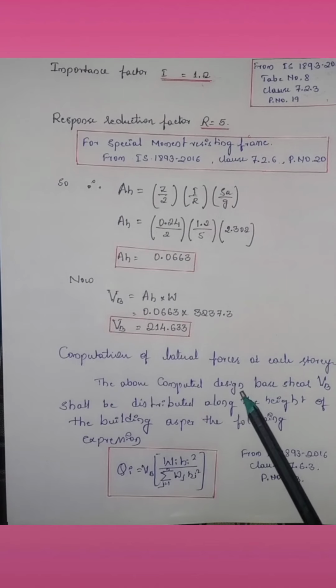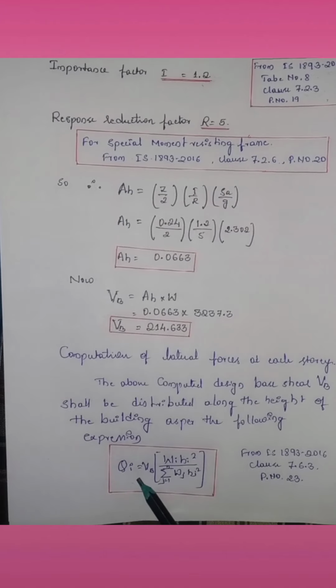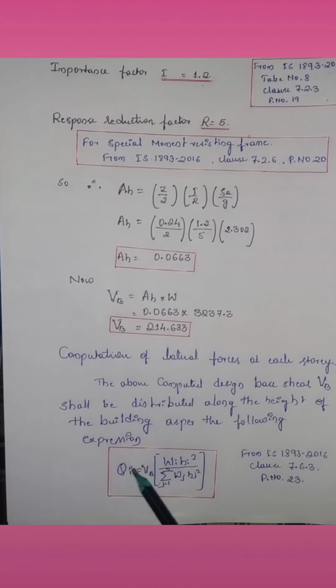The above computed design base shear VB shall be distributed along the height of the building as per the expression given in IS 1893-2016 clause 7.6.3, page number 23. Qi is for story shear.